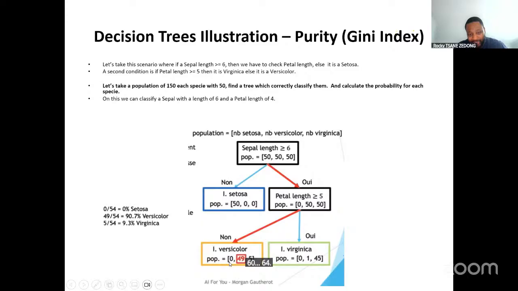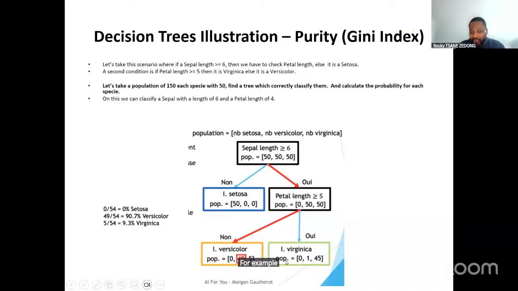So for setosa, you have 0% probability to be a setosa if it is a virginica flower. If it's a versicolor flower, you have 49% probability to have a versicolor, and 5% probability to have a virginica for a versicolor flower, for example.